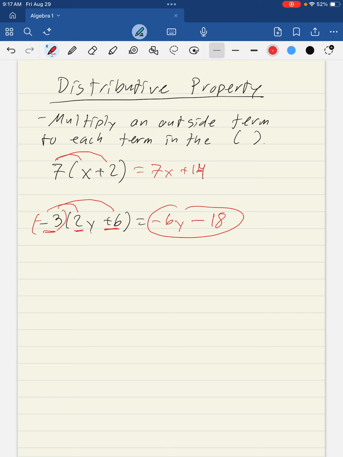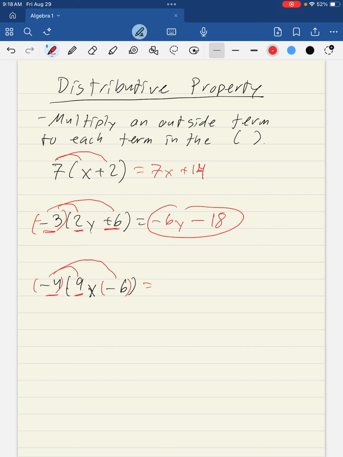One more. With distributive property, let's go negative 4 times 9x minus 6. And here we go. Distribute this guy. It's a minus 4 or negative 4. This guy, remember, is going to be treated as a negative 6. We can go negative 4 times 9x.